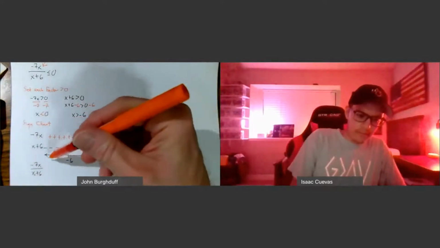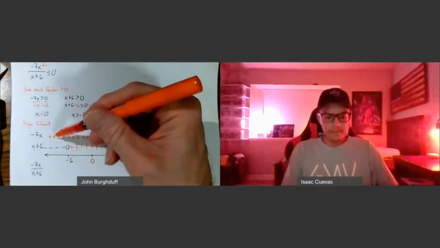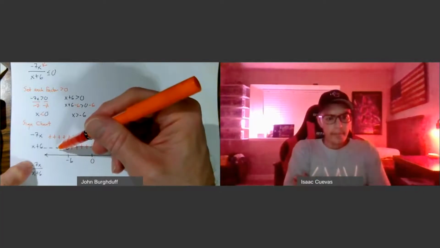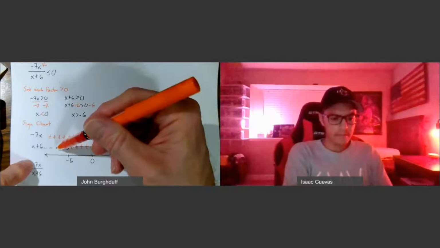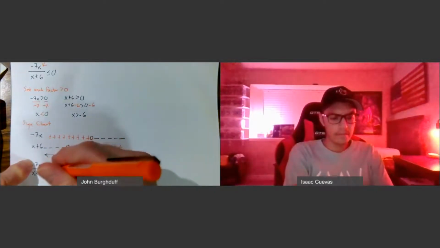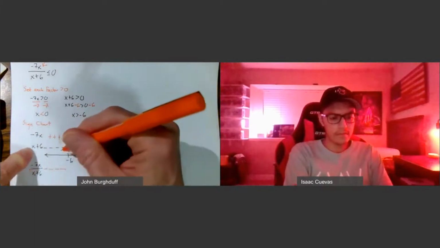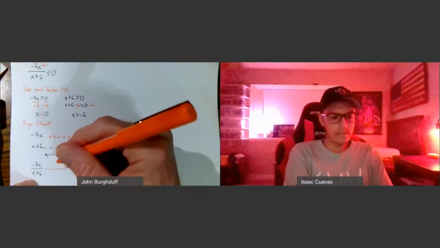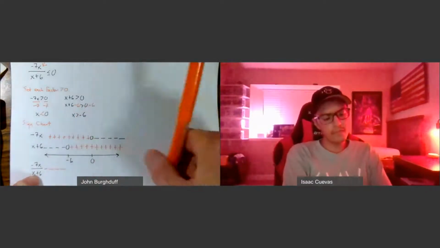For any value of x in this part of the number line, the numerator is positive and the denominator is negative. If you take a positive number divided by a negative number, the result is negative. So for all these values of x, from negative infinity to 0 basically, the fraction will make a negative result. Positive over negative is negative.